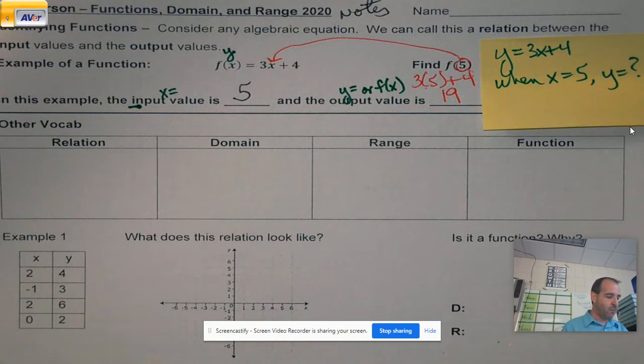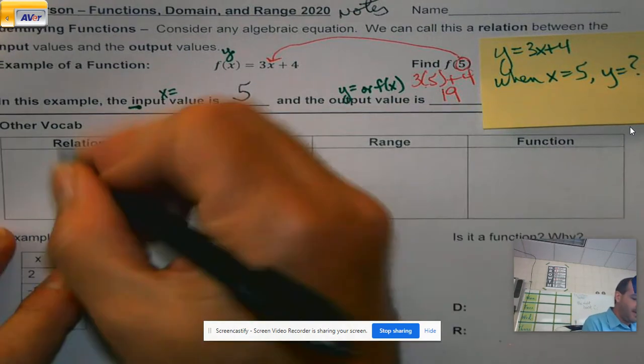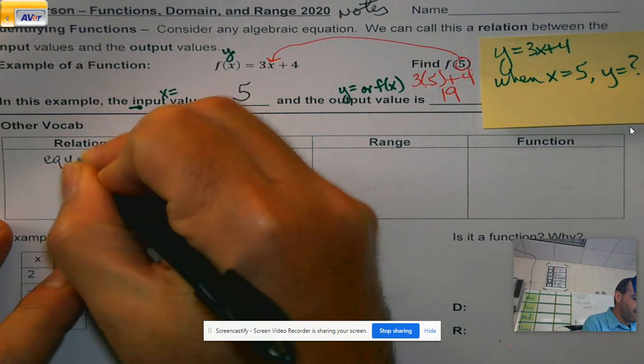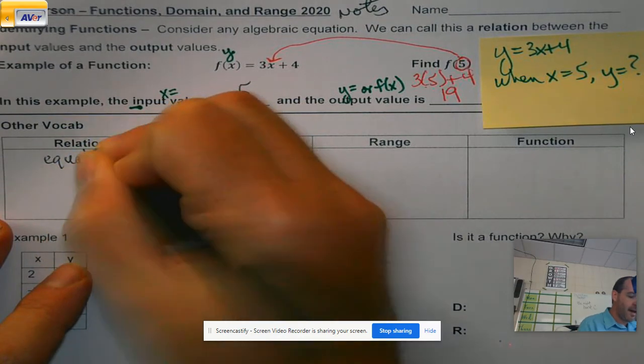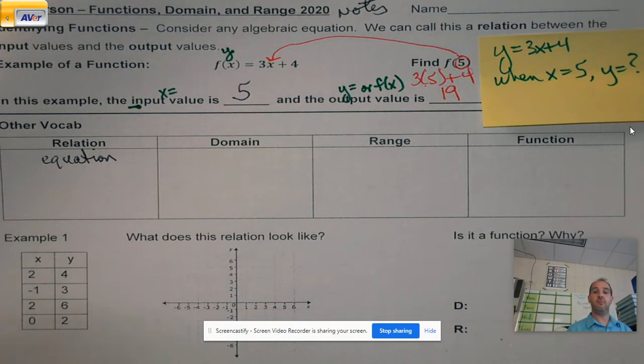Again, when we're talking about the vocab here, a relation for our purposes is more like an equation where we're looking at, when I mess with x, what happens to y?